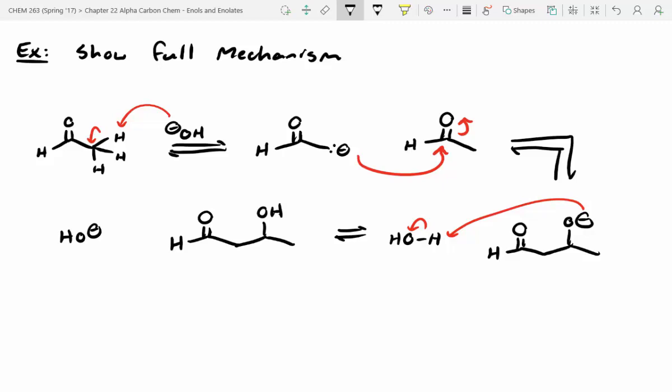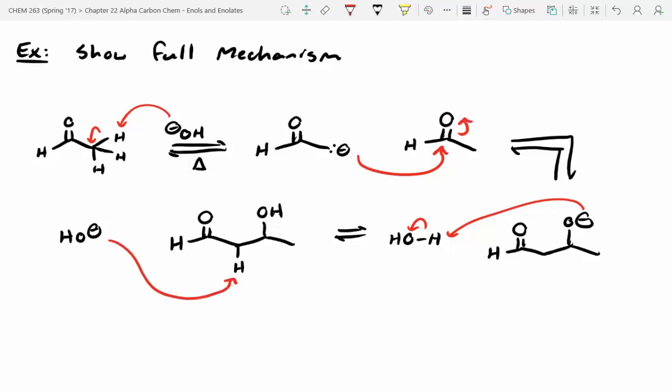I assume there's heat, remember? Yeah, we deprotonate what? The alpha carbon. So we're under basic conditions, we can deprotonate the alpha proton. And then what will happen when we do that?